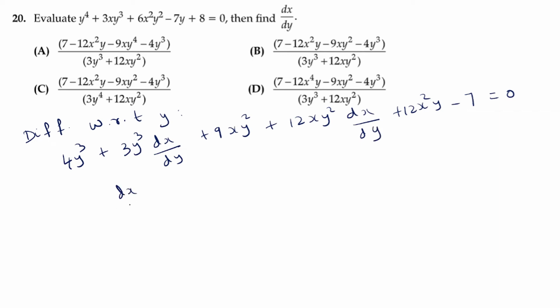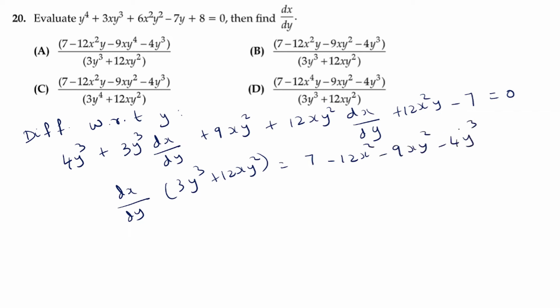So we have dx by dy into 3y cube plus 12xy square is equal to 7 minus 12x square y minus 9xy square minus 4y cube.